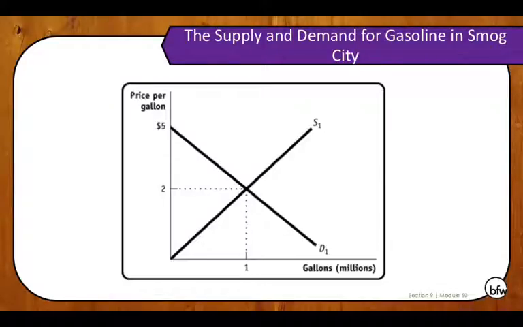Producer surplus is the area of the triangle below the equilibrium price and above the supply curve, and that's equal to 1/2 times $2 times 1 million, which would be equal to $1 million. So if we add those two together, 1 million plus $1.5 million, we get total surplus here of $2.5 million.